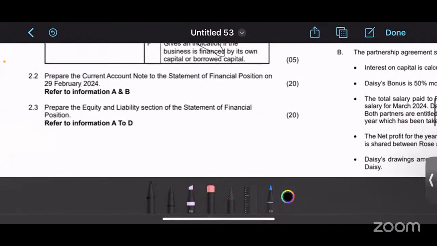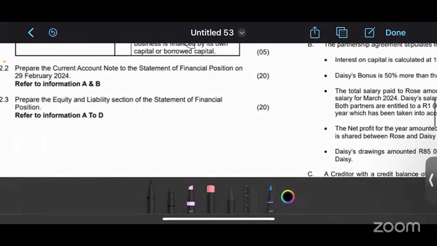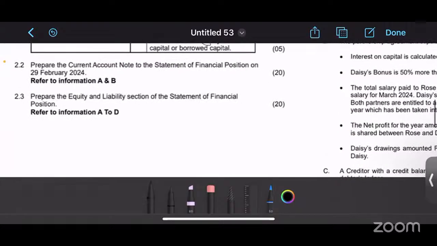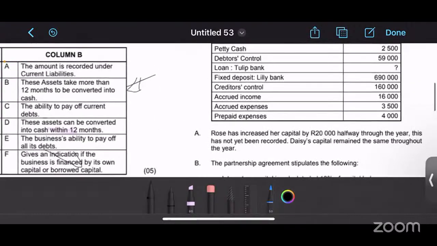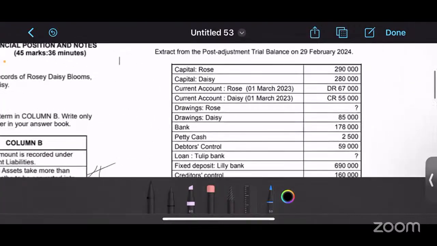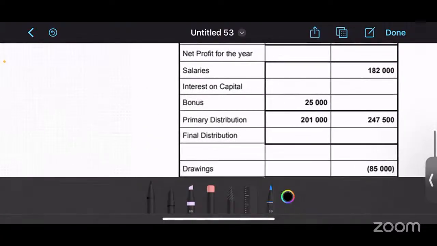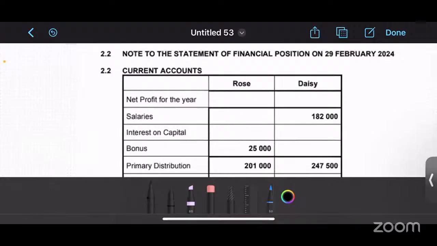Prepare the current account note to the statement of financial position on the 29th February 2024. And then we have additional information here. This is the note, right? The current account. So we start off with the net profit for the year.